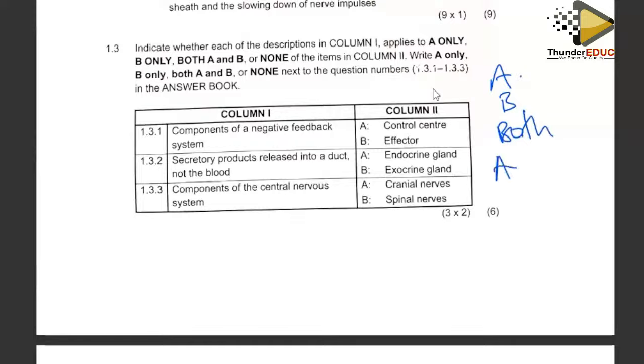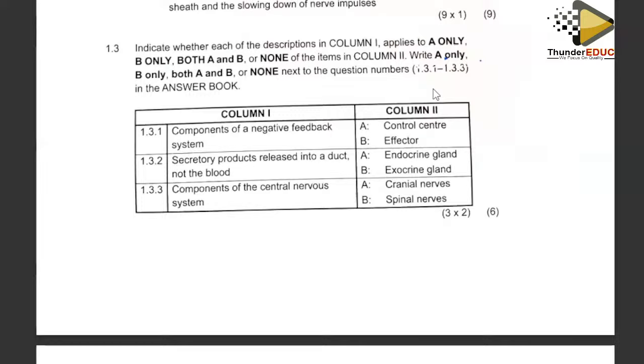Others just say A and B. You're not following the instruction. The instruction says A only, B only, both A and B, or none. Why do you have to give something different? They even gave you an example that says write A only. You see? So please follow the instruction in this section, otherwise you might lose marks for no reason.